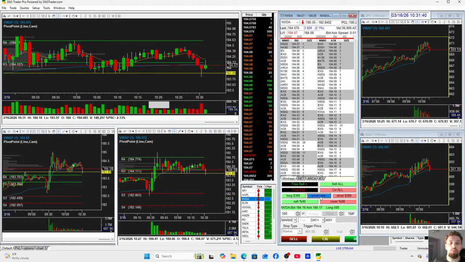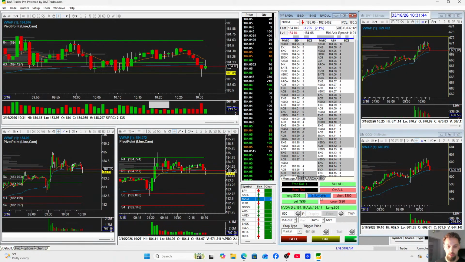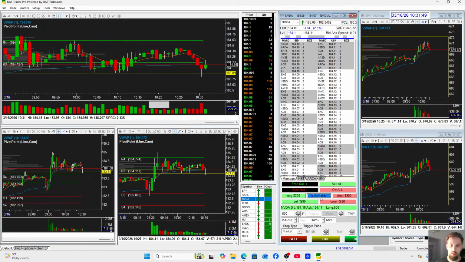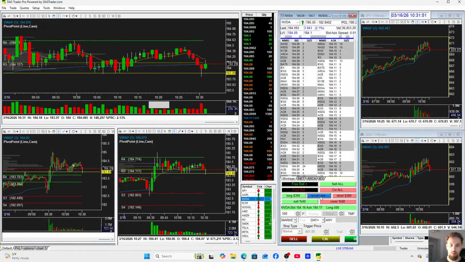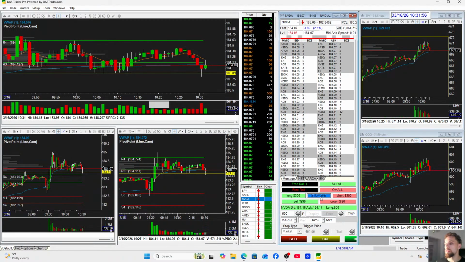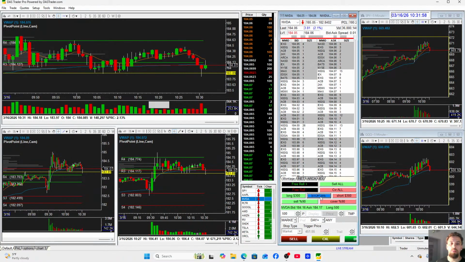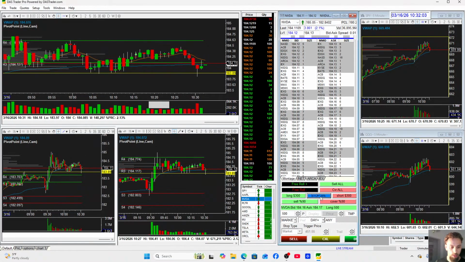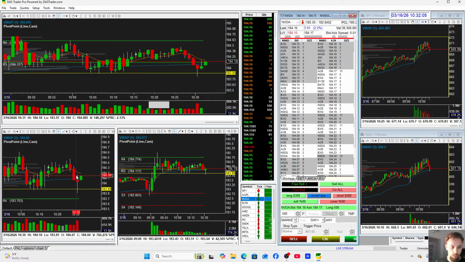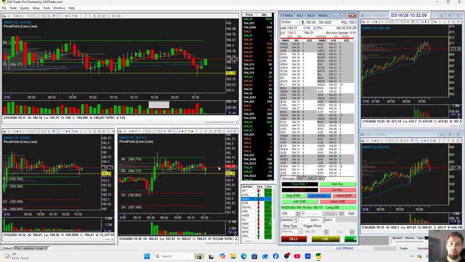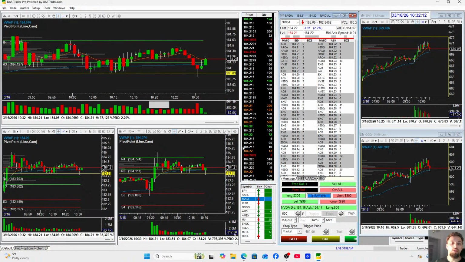That's not looking good for me. SPY and QQQ testing VWAP. Yeah, it's not looking too sweet right now. The 2-minute showing some support here though. Lots of green on the tape, that's nice.